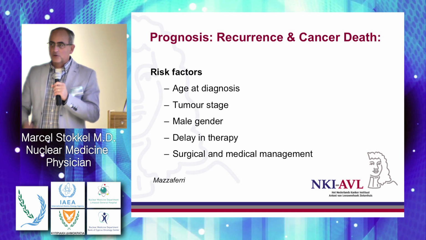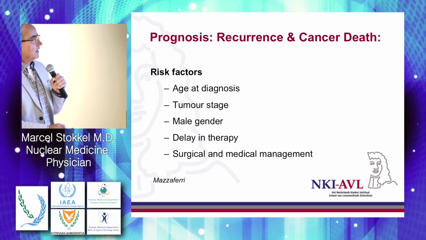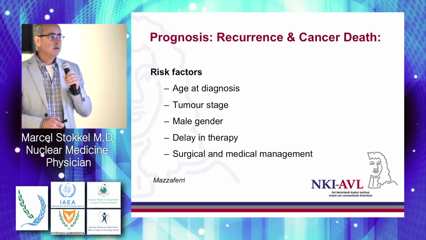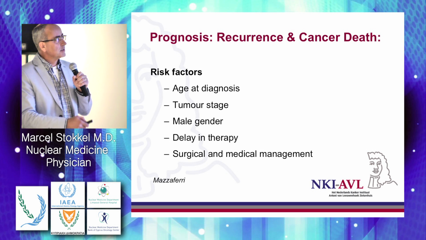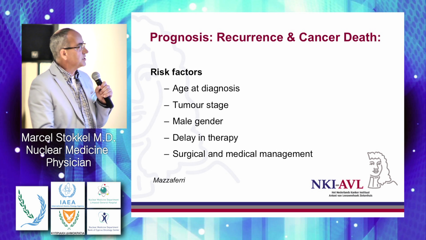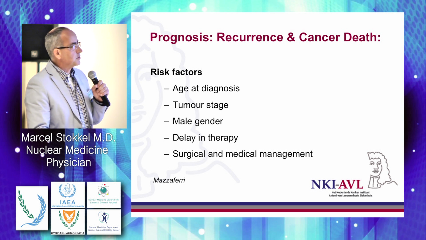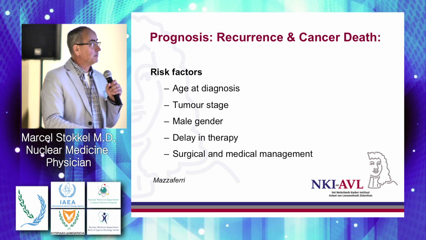When we go back to the prognostic parameters of thyroid cancer, they're all related to the chance of recurrence and cancer death. It is good to realize that all prognostic stratifications are based on recurrence rates and cancer death incidences in thyroid cancer.